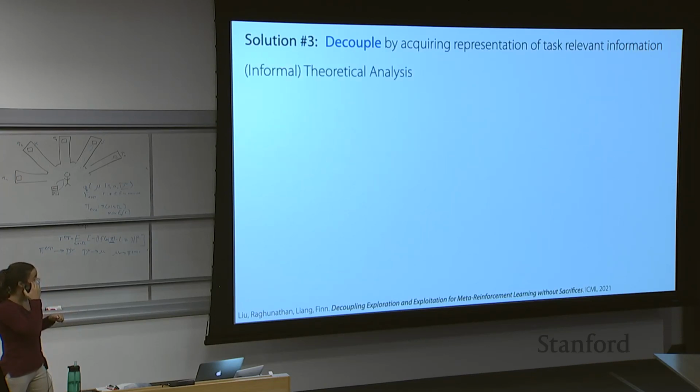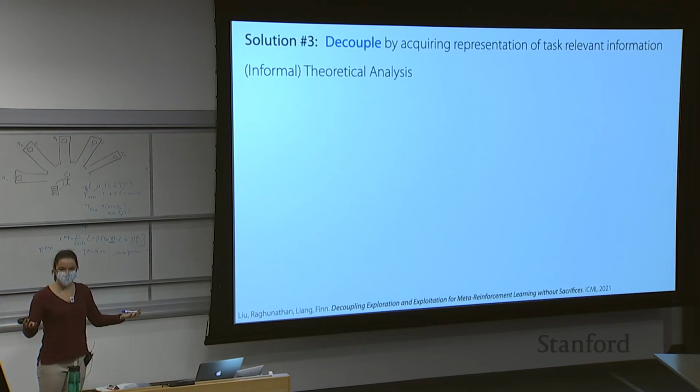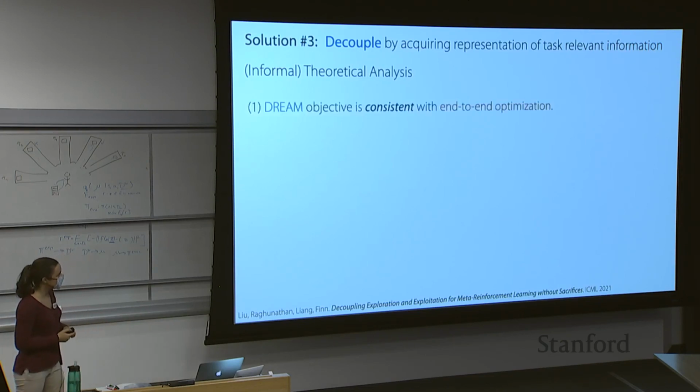In terms of trying to get the best of both worlds from this approach, we'd love to get both a good exploration strategy as well as efficiency from learning. We're running low on time, so I'll go through this pretty quickly, but essentially you can show that the DREAM objective is consistent with end-to-end optimization.